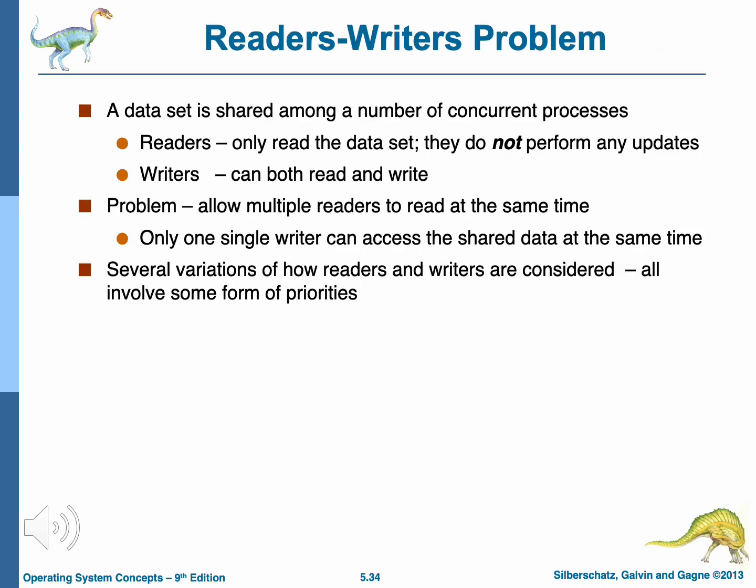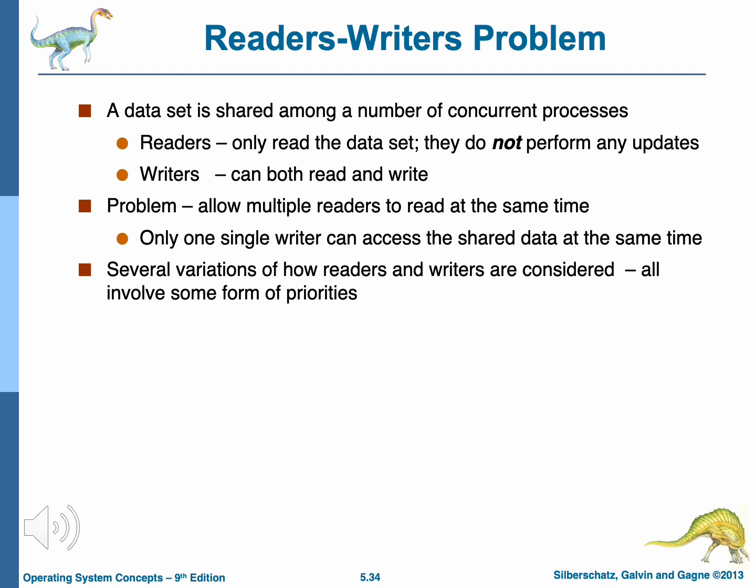The readers-writers problem. Suppose that a database is to be shared among several concurrent processes. Some of these processes may want only to read the database, whereas others may want to update, that is, to read and write the database. We distinguish between these two types of processes by referring to the former as readers and to the latter as writers.